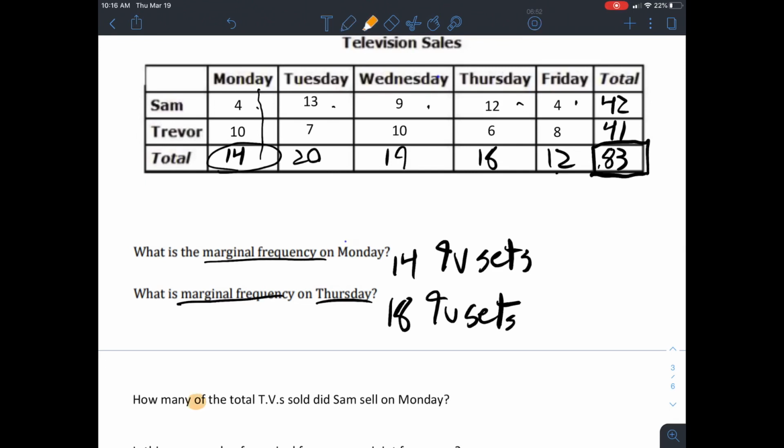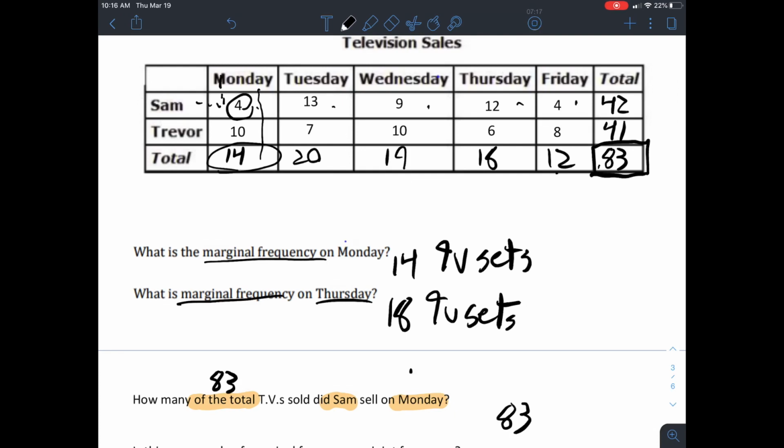Next question says, how many of the total TVs did Sam sell on Monday? So, how many total TVs were sold? Well, 83 total TVs were sold. How many TVs did Sam sell on Monday? So, go to Sam, Monday.